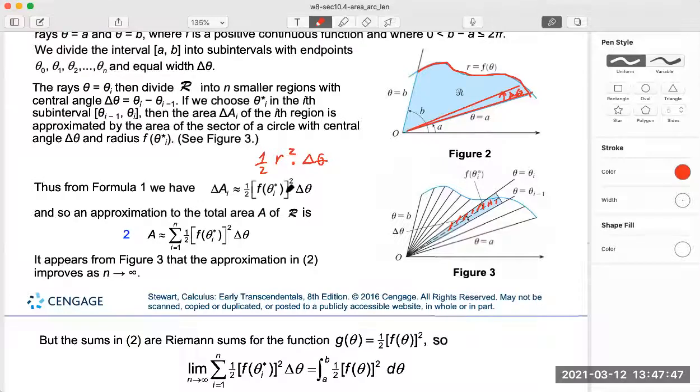And if we approximate the limit here by finer parts, from i to n, it will give us the area of the whole thing here.